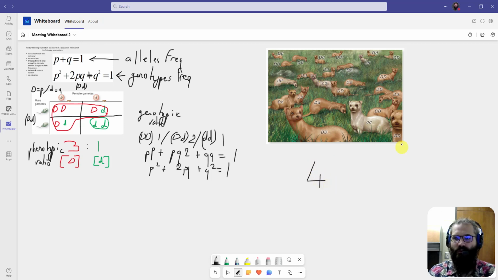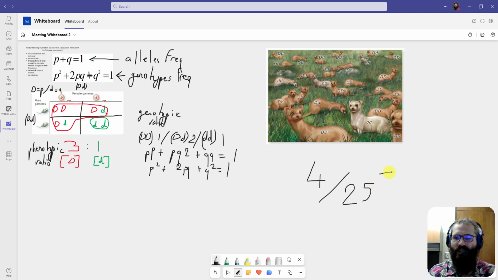We have 4 individuals that are homozygous recessive. Now if that is divided by the total number of individuals, 1, 2, 3, 4, 5, 6, 7, 8, 9, 10, 11, 12, 13, 14, 15, 16, 17, 18, 19, 20, 21, 22, 23, 24, 25.